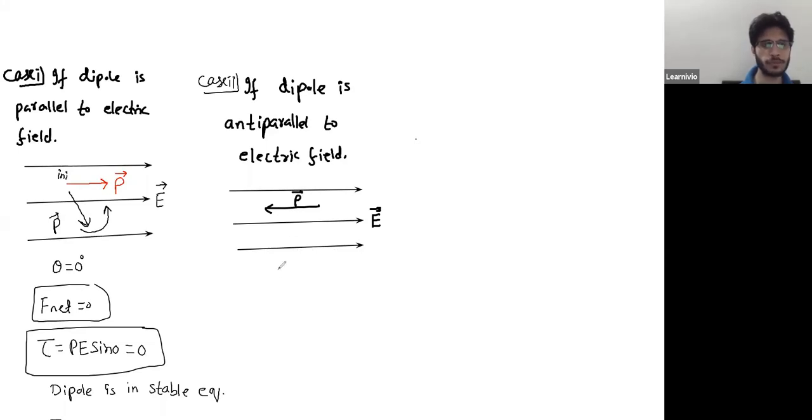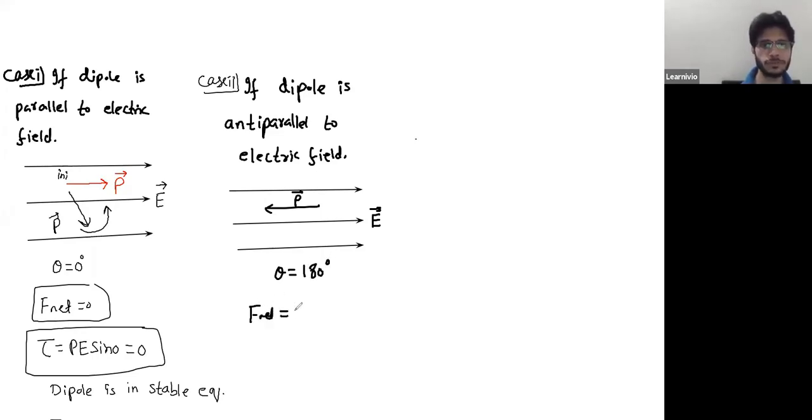So Fatima, what is the angle between dipole moment and field? 0, right? Not 0, 180. 0 is when both the arrows are in the same direction. But if arrows are in opposite directions, then the angle is 180.